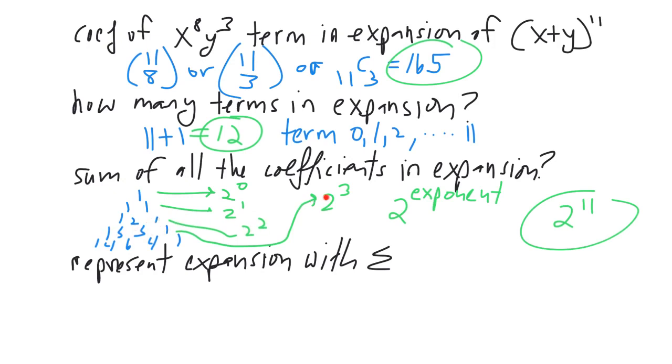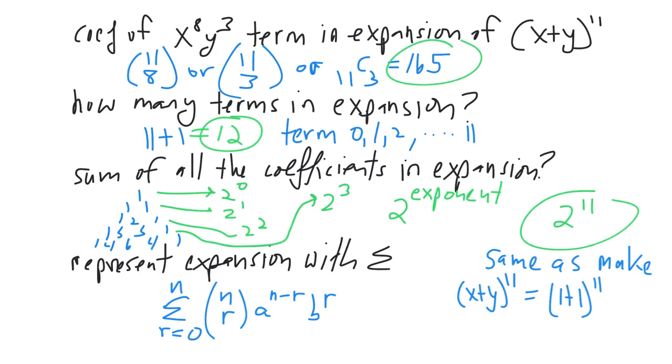Row 3, 2 to the 3rd power. So each row, the sum of the coefficients is 2 to the exponent, or that first non-1 number. And so in our case, it will be 2 to the 11th power, which they would all add up to, and the first two numbers in the row would be 1, 11.